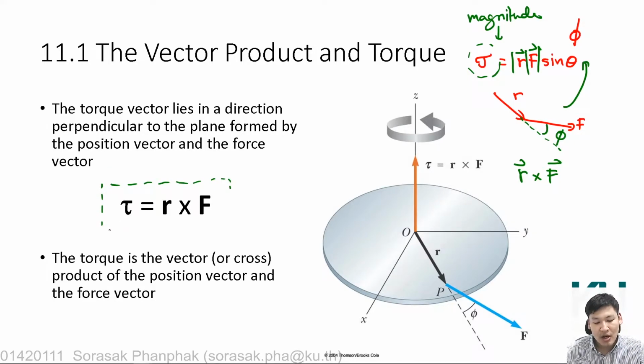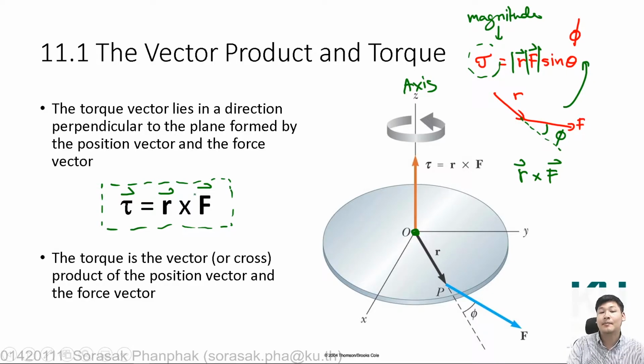Torque is the result of the vector r cross F, where r points from the rotational axis. This is kind of like an axis. In this figure, you can see it rotates around the z axis. And the direction of the torque itself is the result of the cross product.